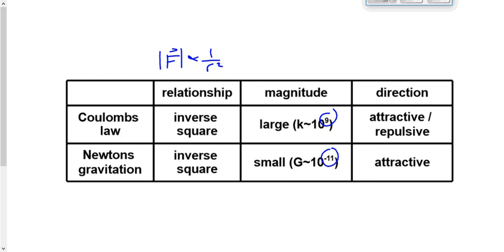Whereas if you were a charge and you were a charge, hey, one of you could be positive, the other could be negative, where you'd attract, or you could be both positive or both negative, where you would repel. So Coulomb's law can be attractive or repulsive, and Newton's law of universal gravitation is only attractive. Make sense? Good? All right.